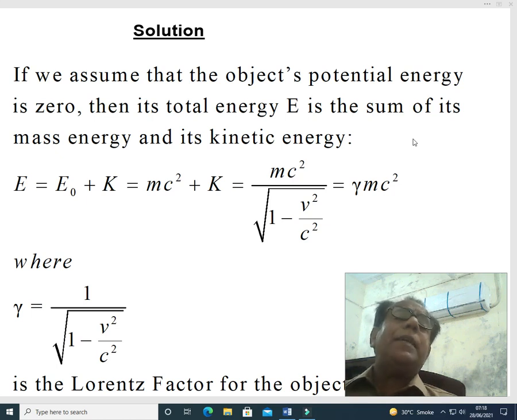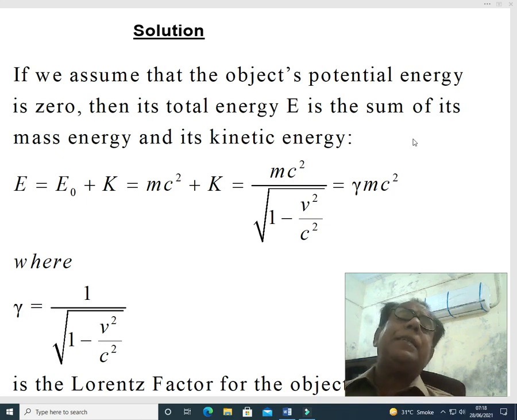This expression alternatively becomes equal to mc square plus K, where mc square is E naught. In place of E naught we have used mc square, that is mass energy or rest mass energy, and K is still K, kinetic energy.